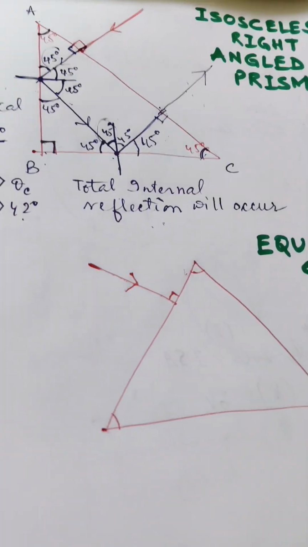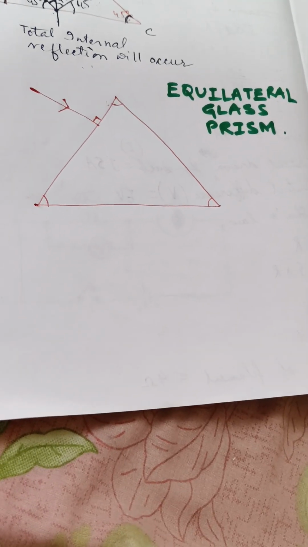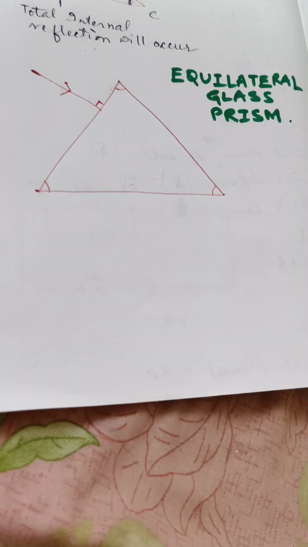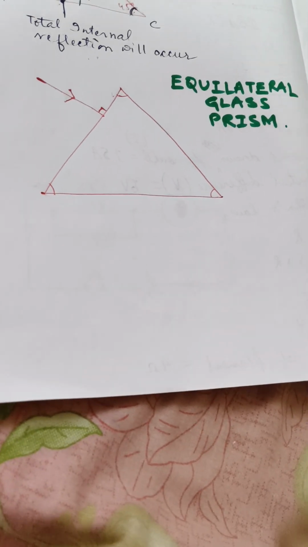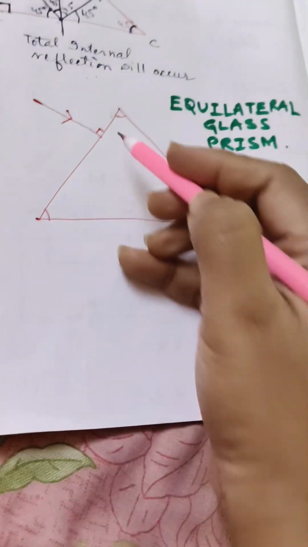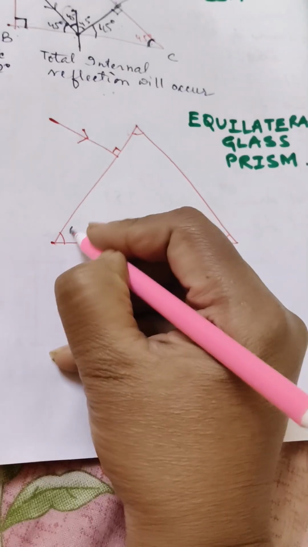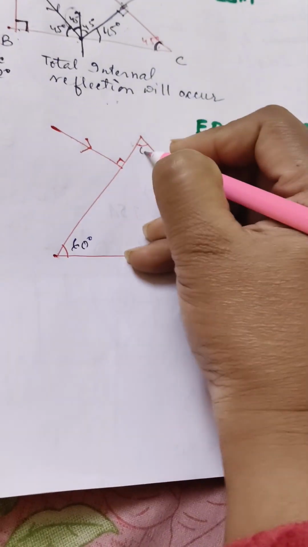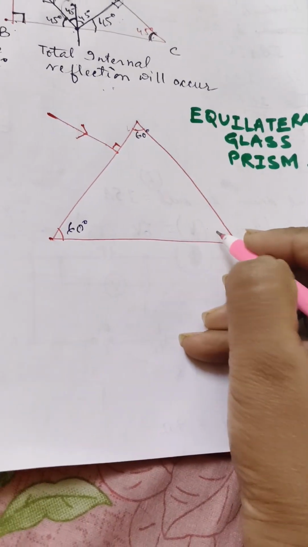Now we come to the equilateral glass prism. In an equilateral glass prism, each and every angle here is 60 degree.